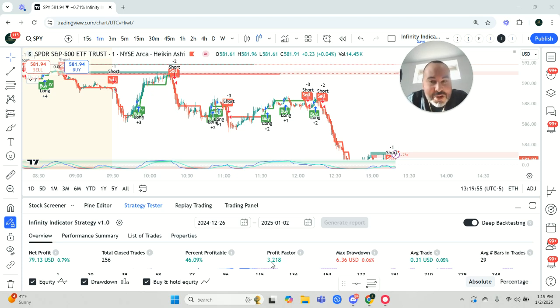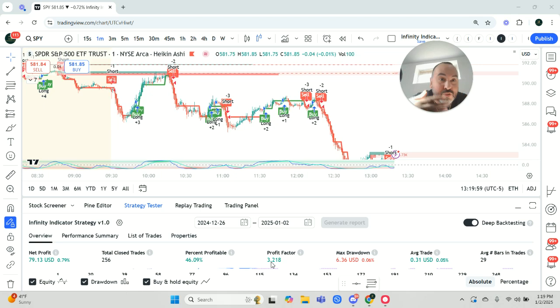Now, this is just the start. Obviously, we need to move this into real world application instead of just the back testing, which can sometimes be a little shaky, to say the least. So we want to see this perform in real time, which is where I'm at now in the paper trading.